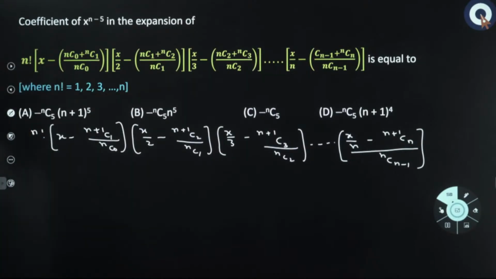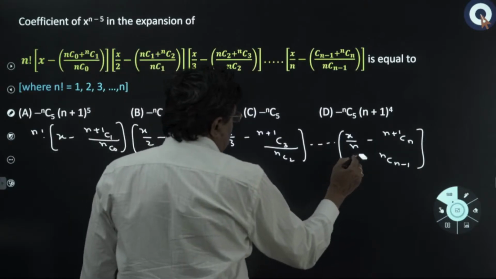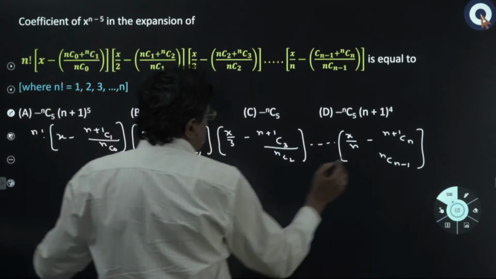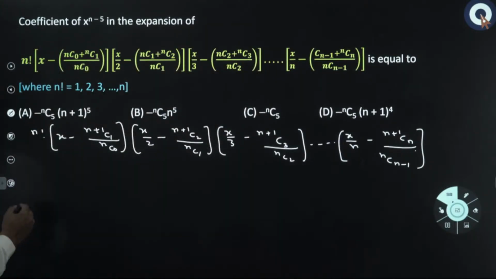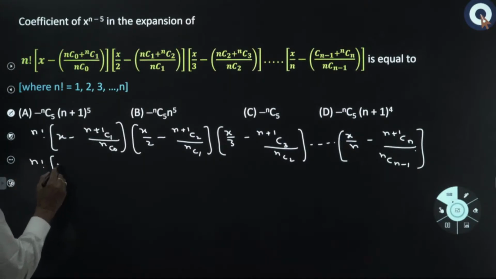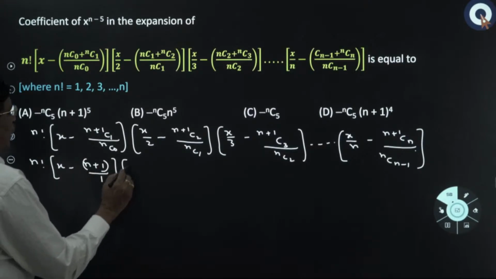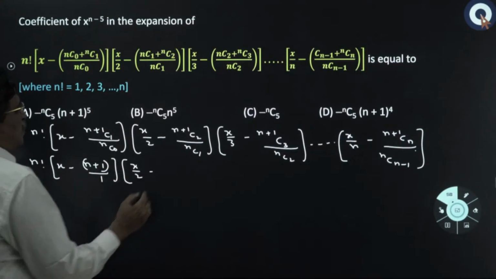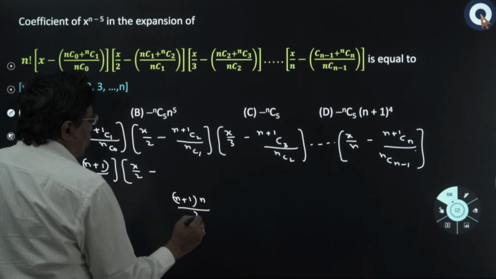Here this is n factorial into x minus n plus 1 by 1, and here x by 2 minus, this is basically n plus 1 into n by 2 by n.